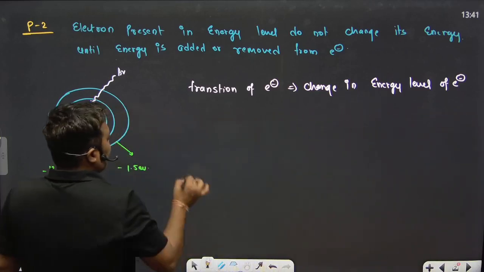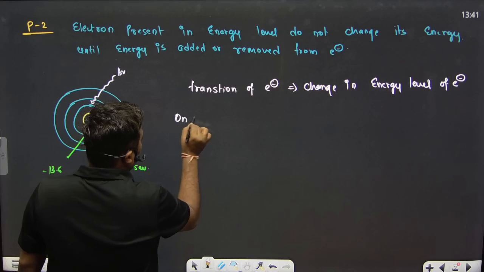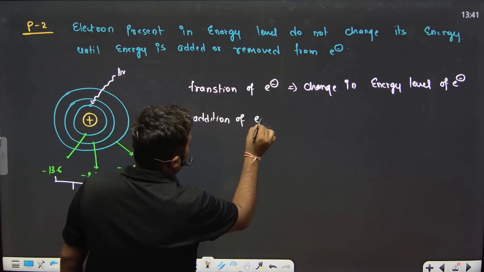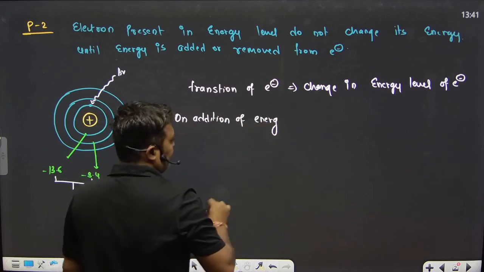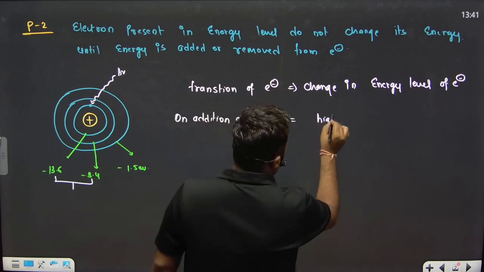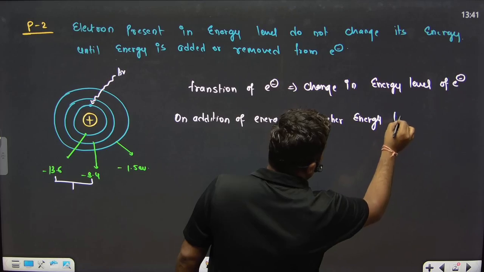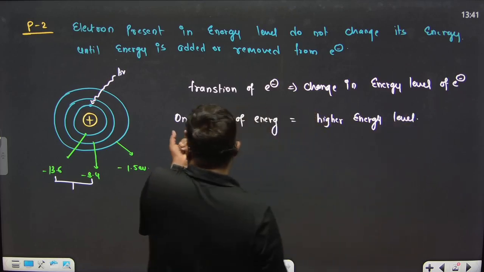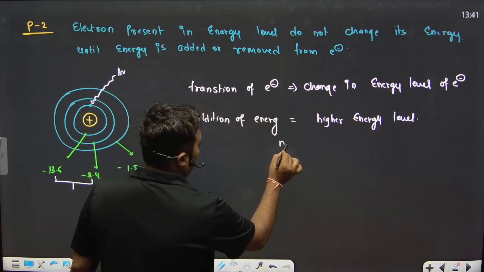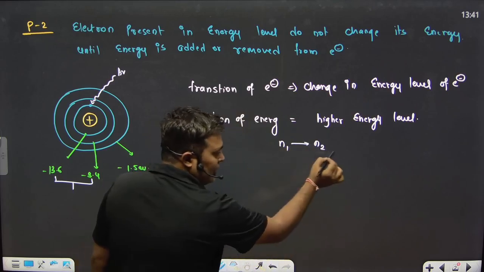So what happens on addition of energy? If we are adding energy to the electron, then the electron will move to the higher energy level. That means it will move from n equal to 1 to n equal to 2. That is how we show the transition of the electron.